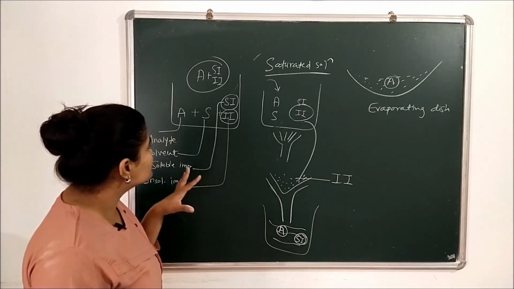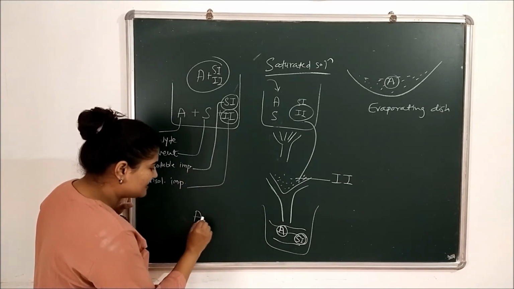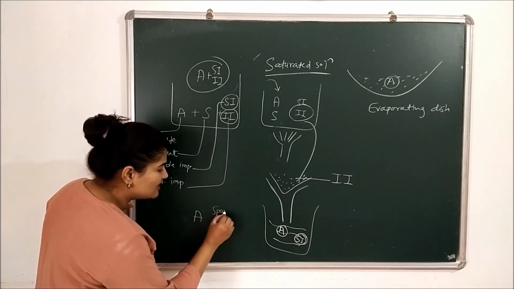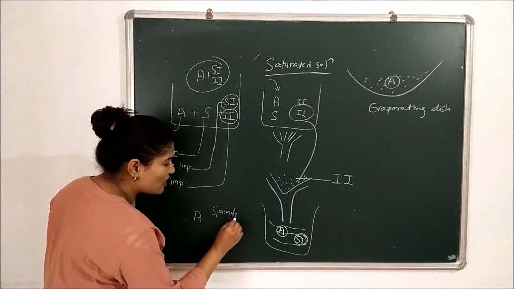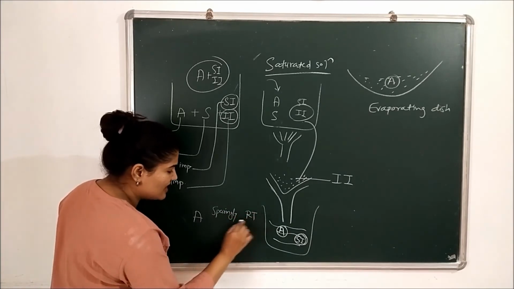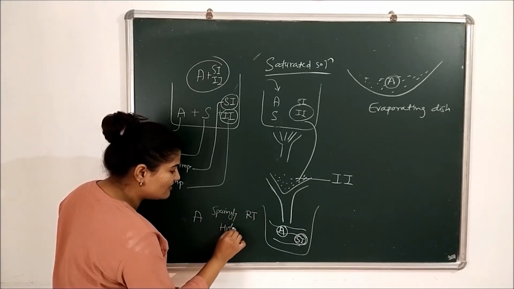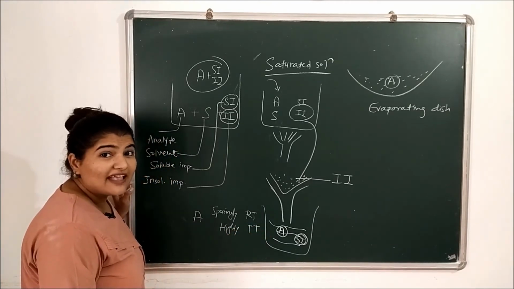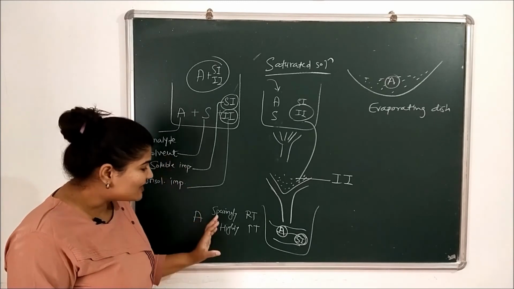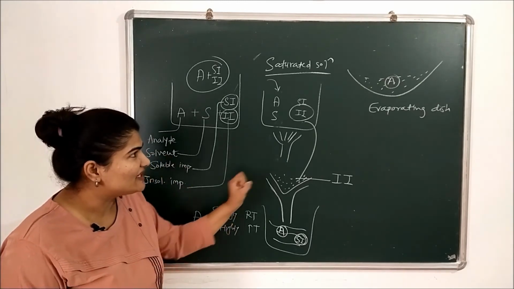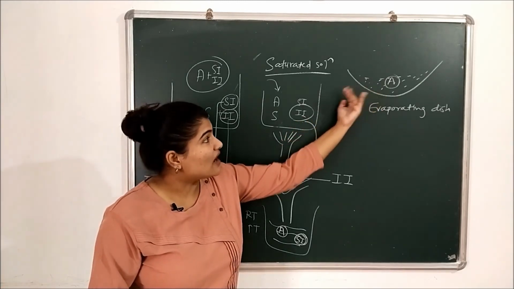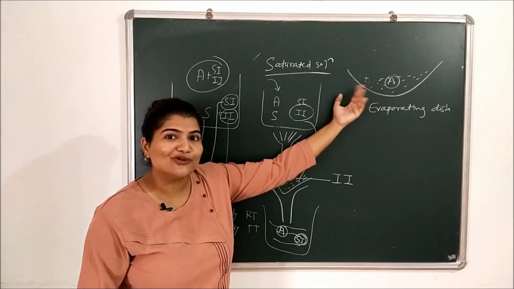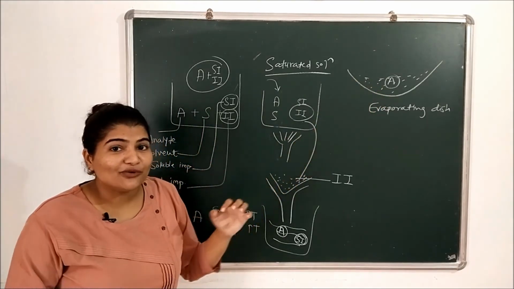The solvent must be such that our analyte is sparingly soluble in the solvent at room temperature, but highly soluble in the solvent at increased or elevated temperatures. This allows us to make use of this property and separate out the solute from the solution at room temperature. So what does it mean?